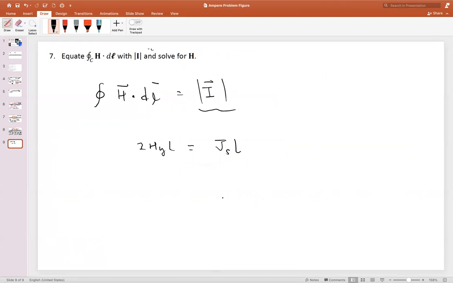And so if we solve this, we see that this constant must be based on the surface current divided by 2, where the length of our Amperian loop path does not actually matter at all.